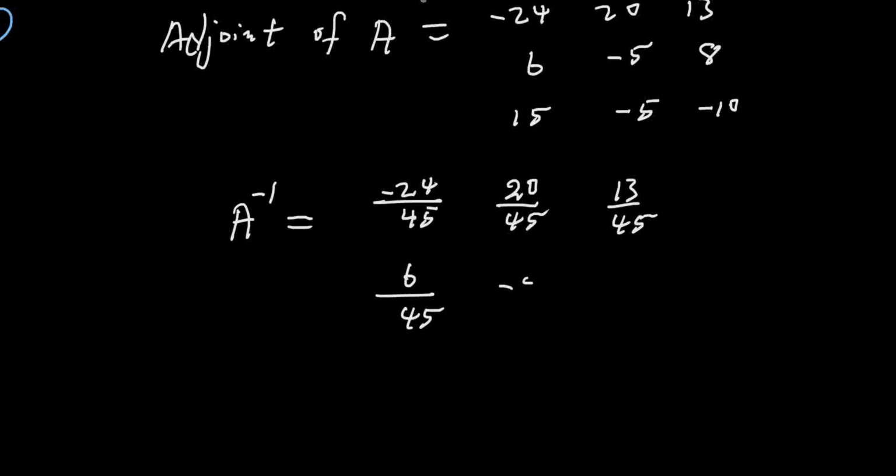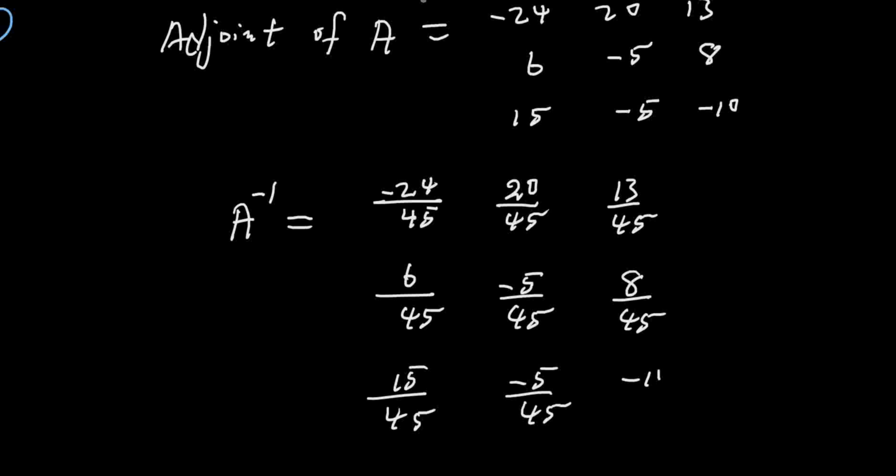We have negative 5 over 45. We have 8 over 45. We have 15 over 45. We have negative 5 over 45 and negative 10 over 45.